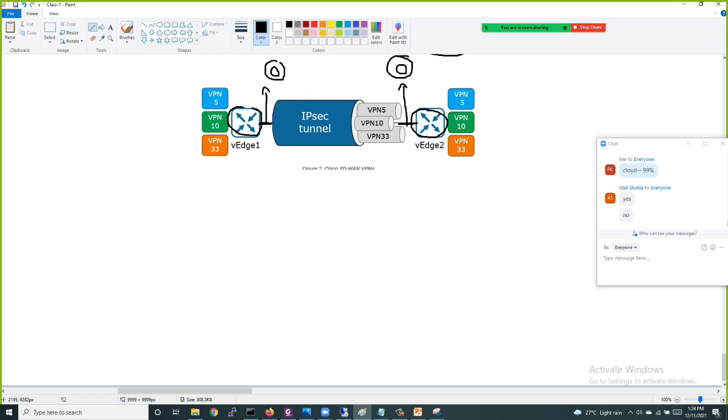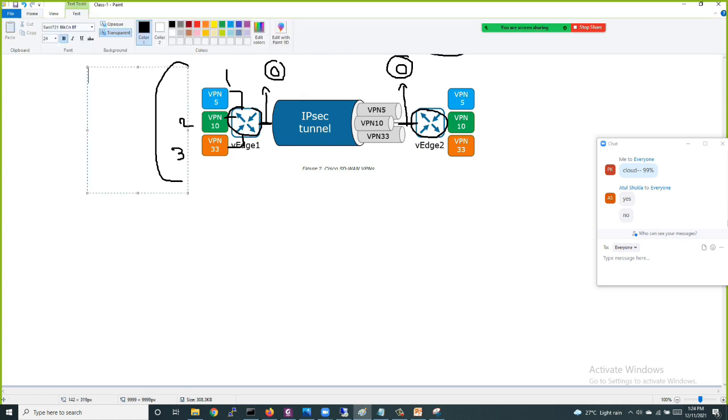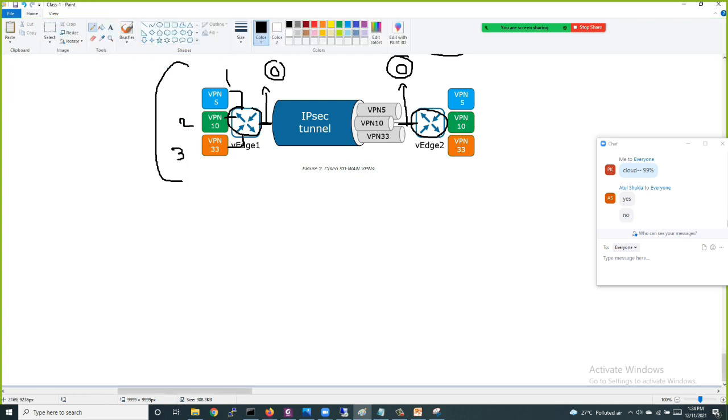Now the LAN interfaces, let's say this is interface 1, interface 2, interface 3. All these three interfaces are members of different VPNs. So how many service VPNs do we have? 3. Fine. Service VPN 5, 10 and 33. On the other end also 5, 10 and 33. Now let's say 5 wants to communicate with 5. So 5 will send the traffic.